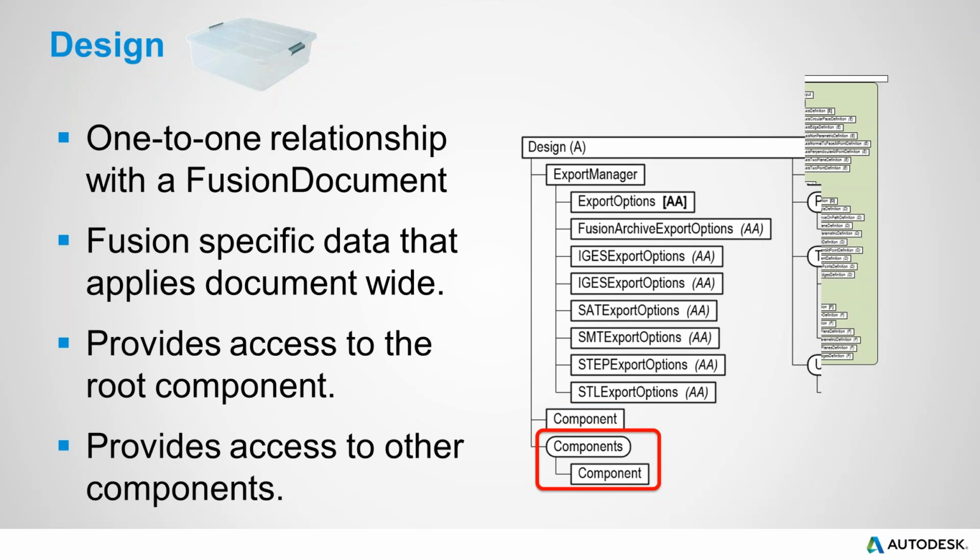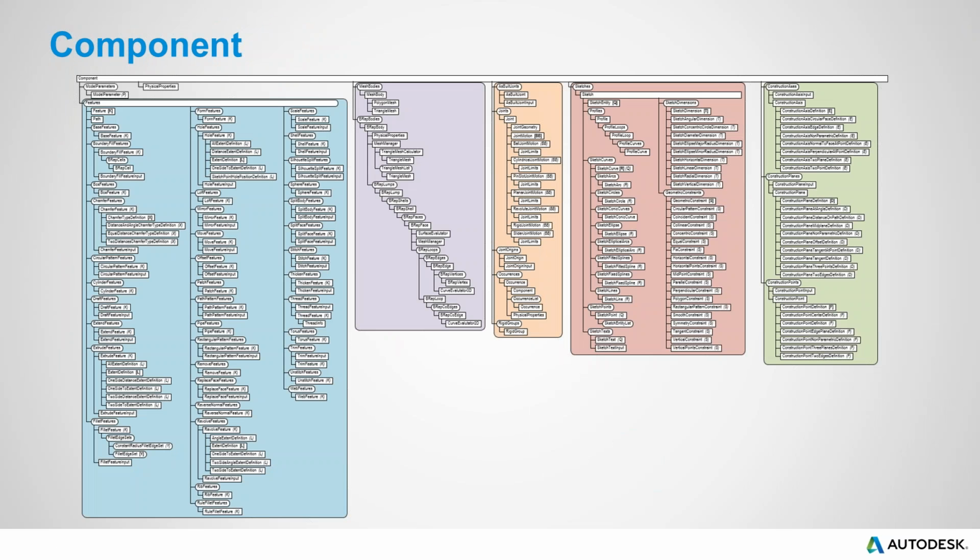So a component is really where all of the interesting information is as far as a Fusion design object. So here's from the object model chart, the object across the top, that's the component, and here's all the stuff it owns. It really owns all the interesting stuff that you think of as a part of an assembly.